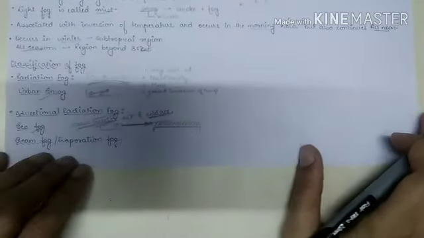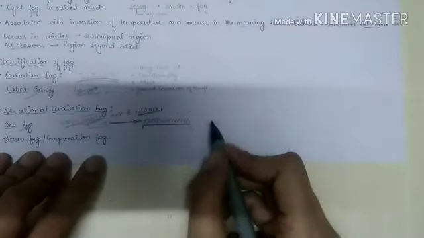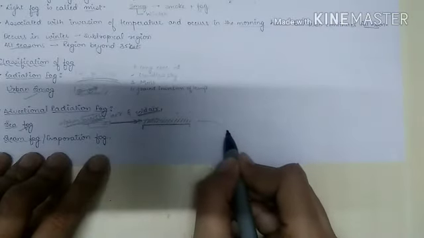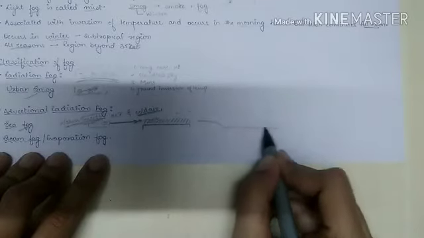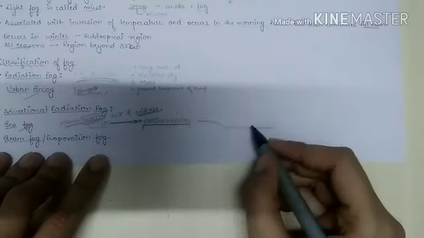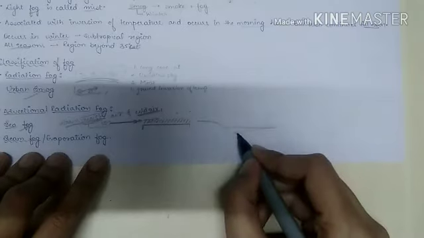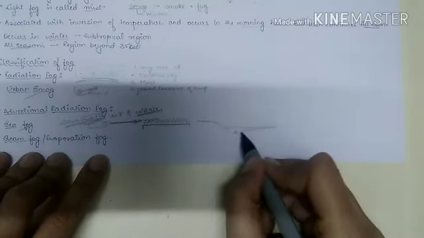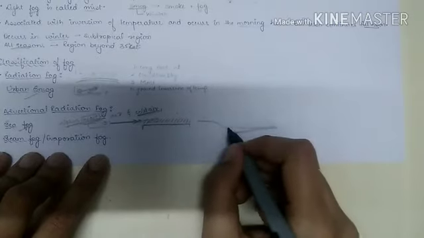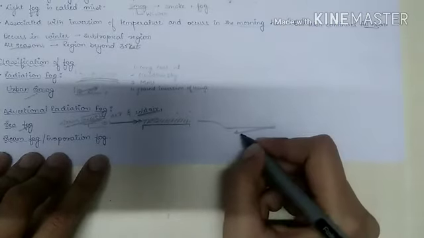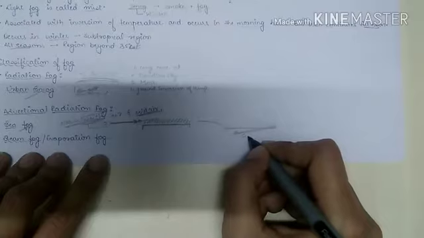Now in sea fog, what happens? First of all, it is formed near the coastal region where in the sea, cold currents occur or come. Because we have cold currents here, the temperature of the sea will be cold.